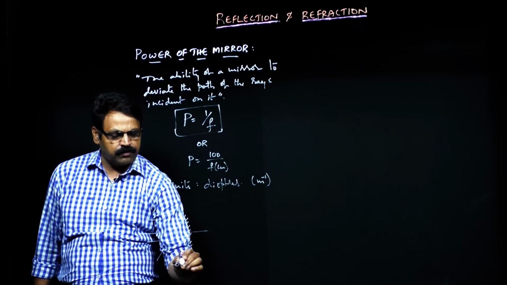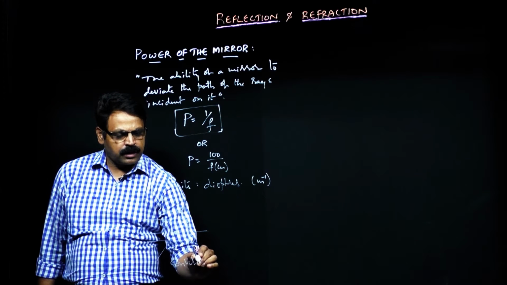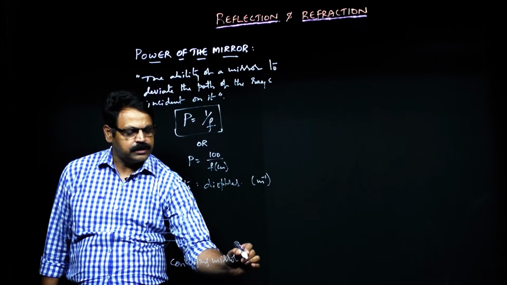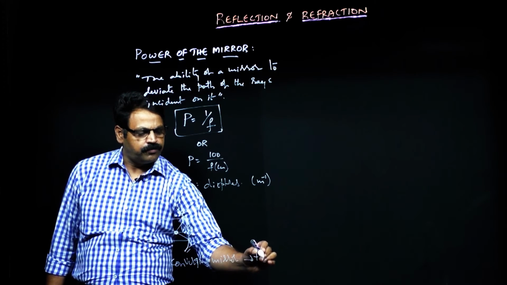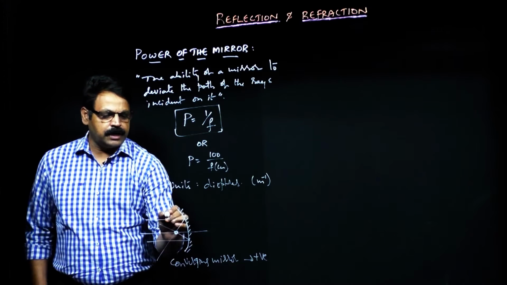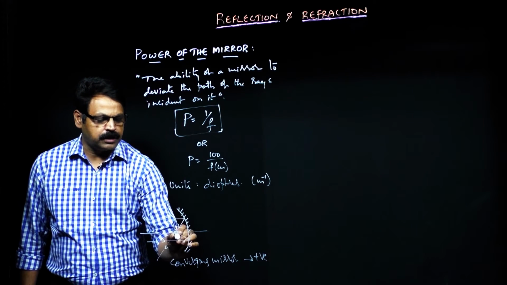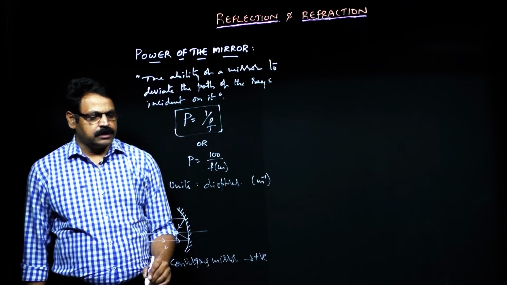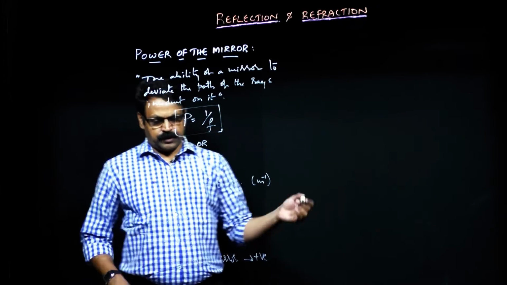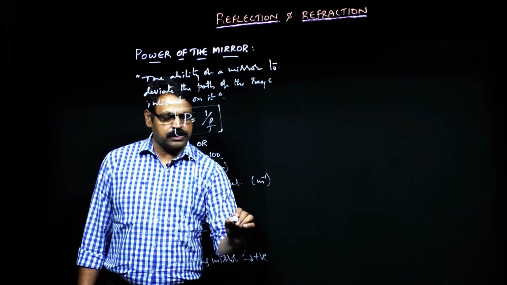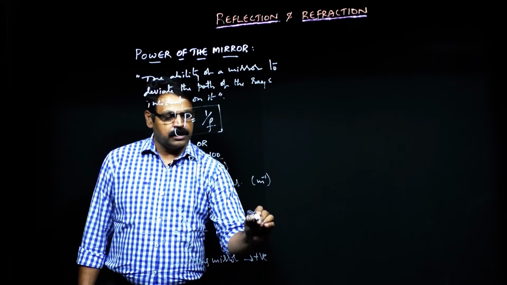In case of the converging mirror, the power is going to be positive. Whereas in case of convex mirror, so this is the incident light. This is a converging mirror, that is a concave mirror.